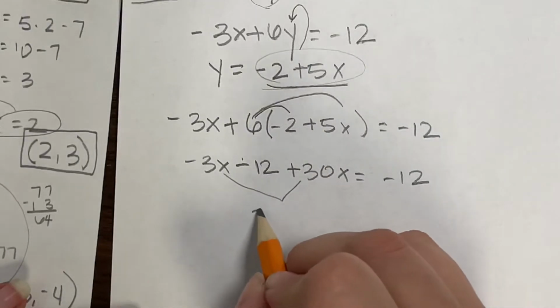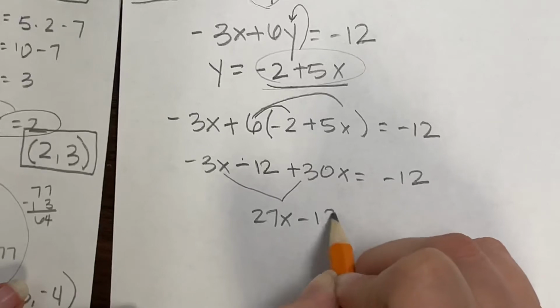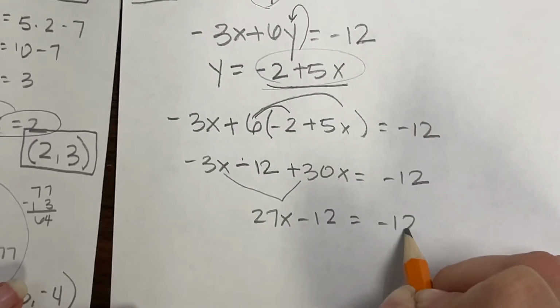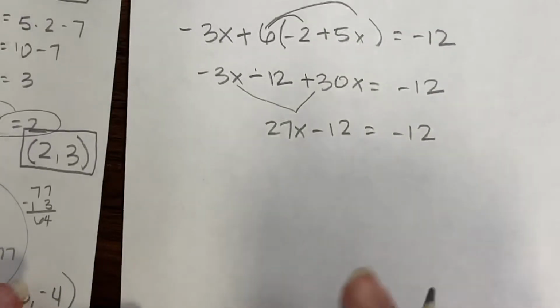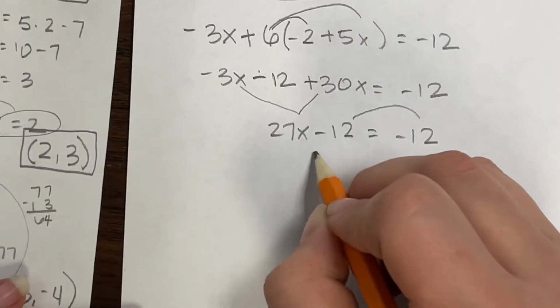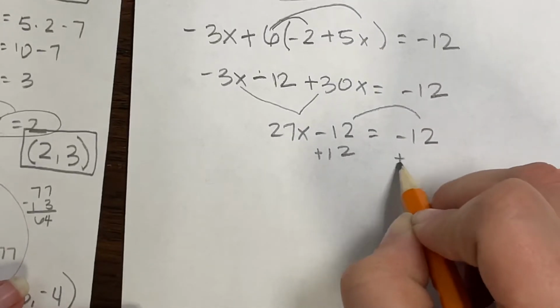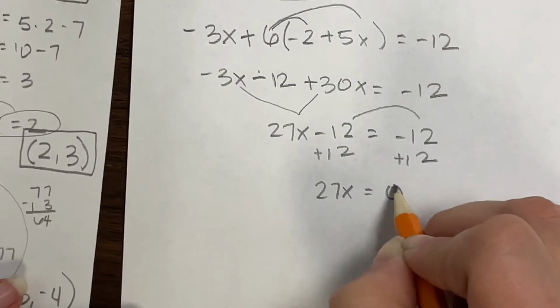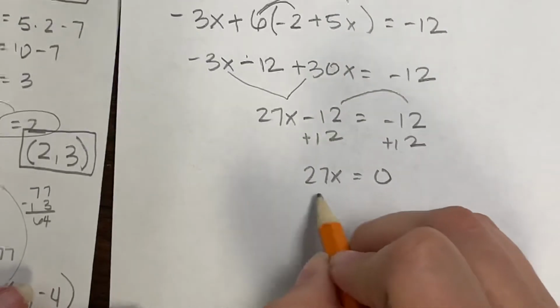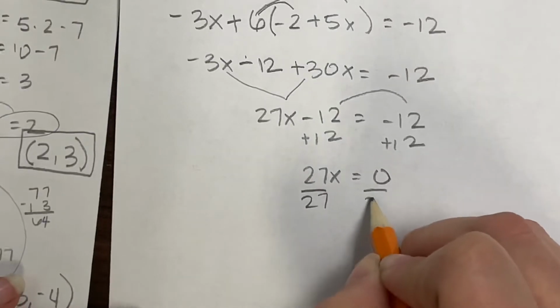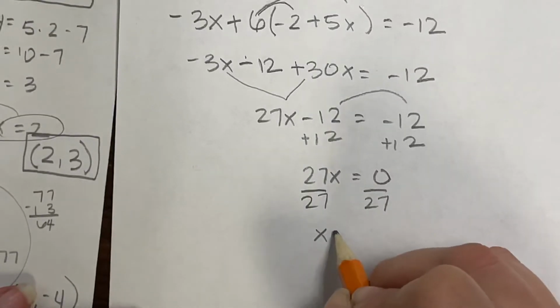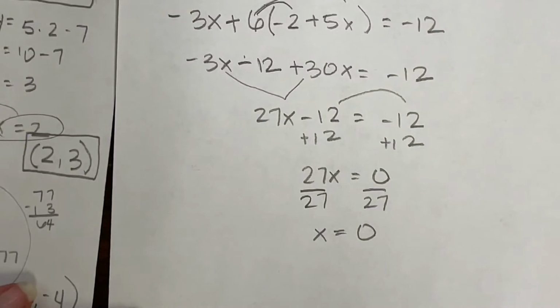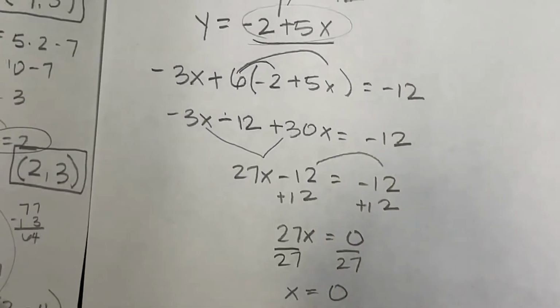Combine. Move the -12. Divide. X equals 0. That's okay.